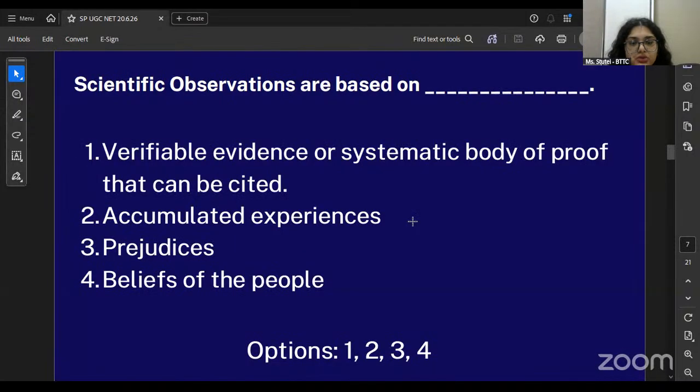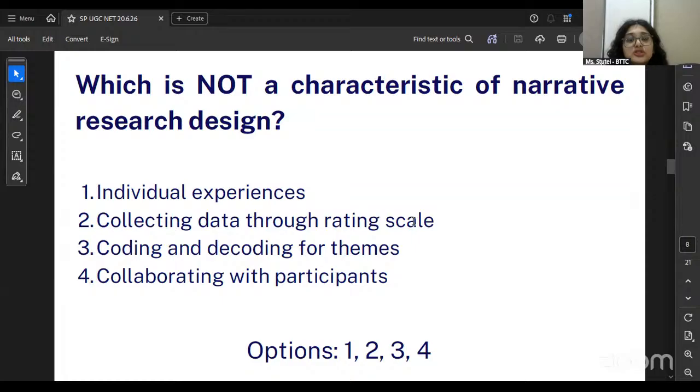Now let's go to the next question, which is: not a characteristic of narrative research design. Now, you remember when I told you about the different types of categories that you should study when you're preparing for research methodology? So this is a very clear question from one of the categories I'd mentioned in one of my previous slides.